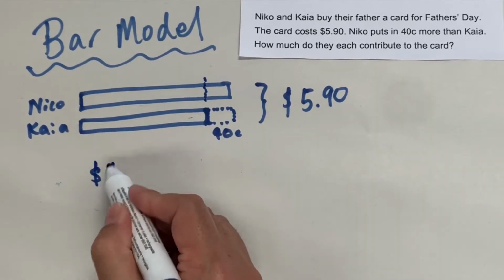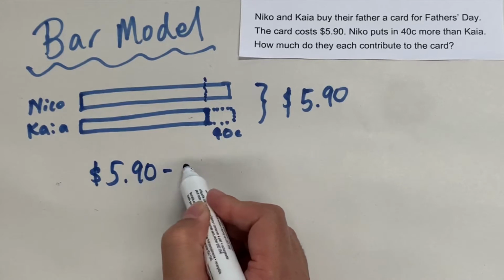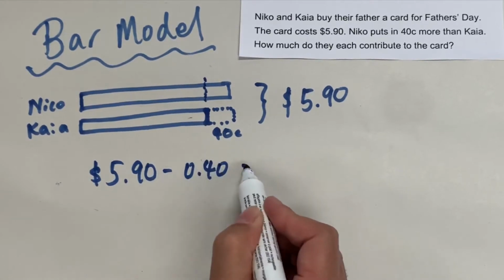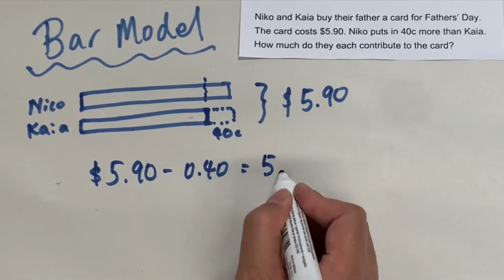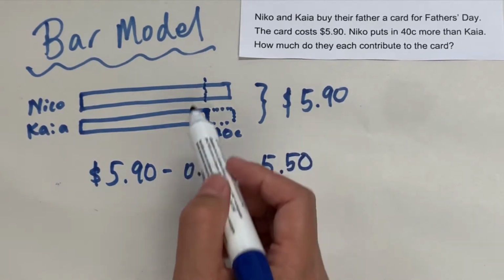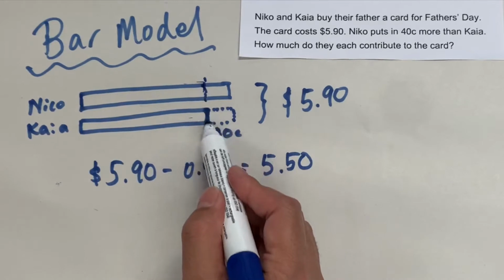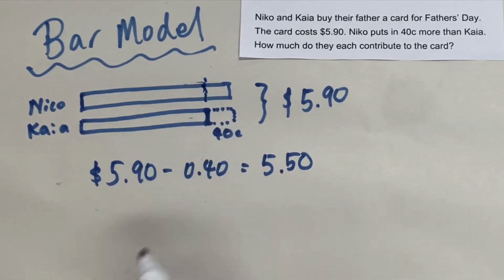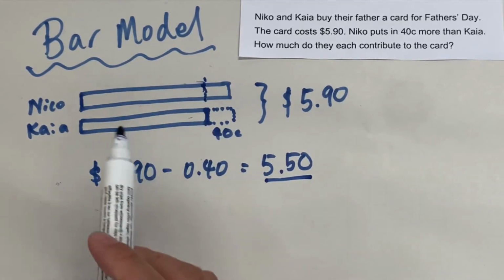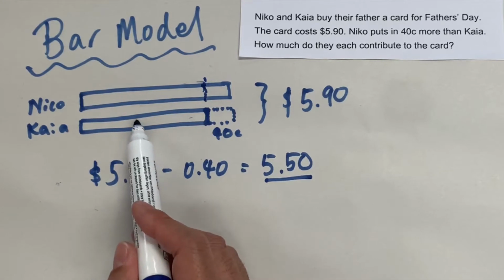So if I take away 40 cents, I get this much. So if I halve this, I should be able to get how much Kaya spent.